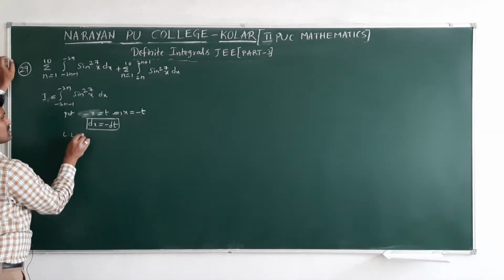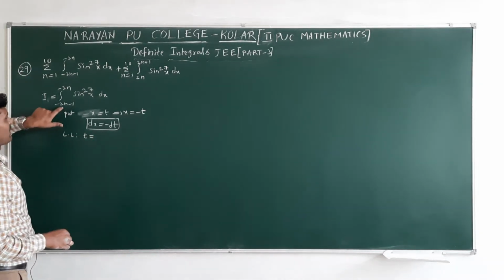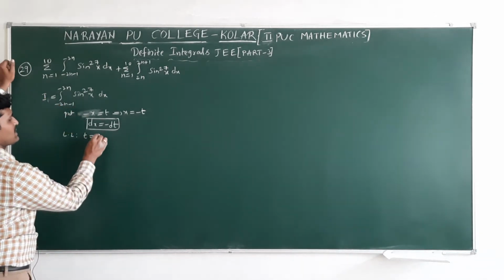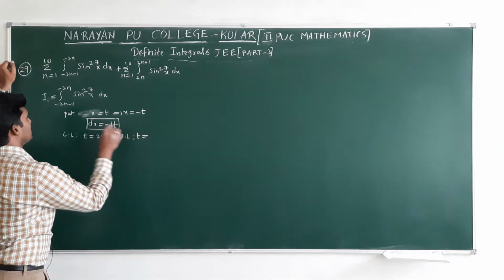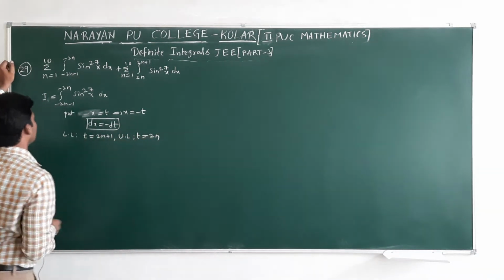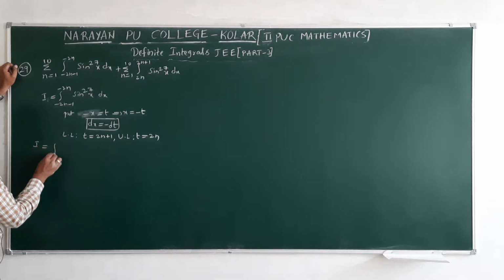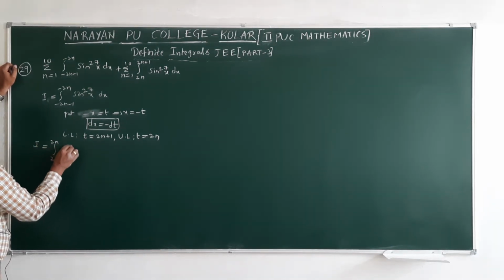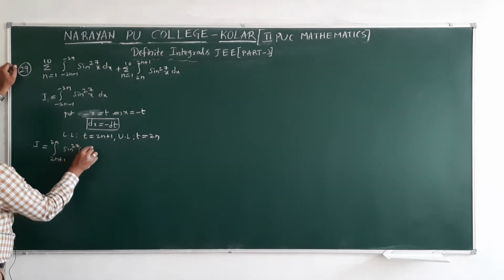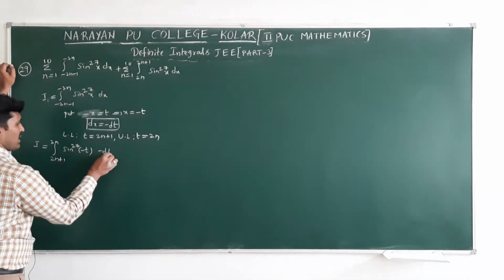Lower limit t equal to what? Minus 2n minus 1, minus of minus, plus 2n plus 1. Upper limit t value, minus of minus 2n is 2n. So I equal to lower limit 2n plus 1, upper limit 2n, sin^27 of minus t, dx is minus dt.